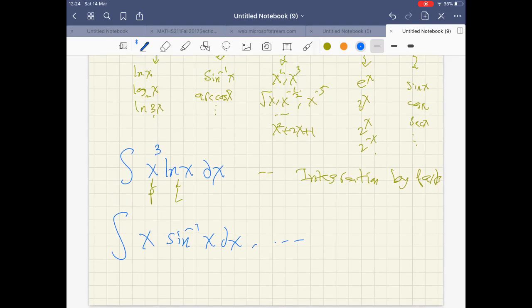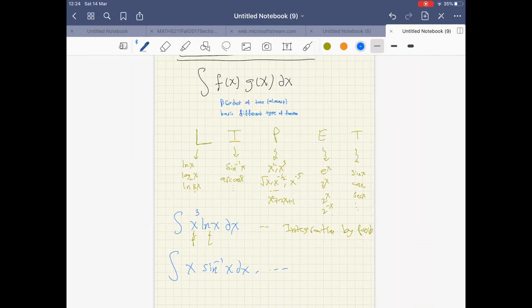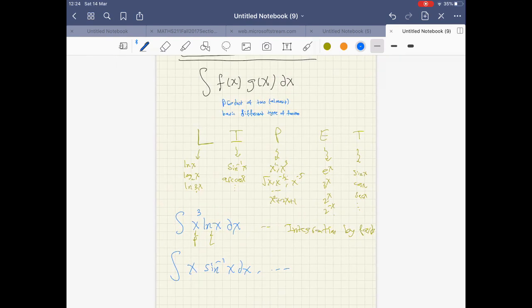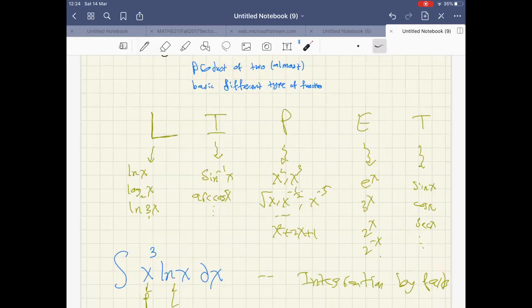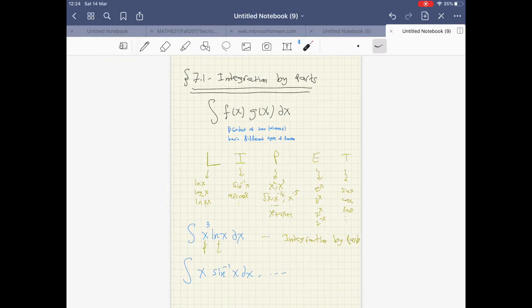And for integration by parts, what we will do is one of these functions I will call u, and the other part I will call dv. So part is u, this is why we call it integration by parts, the other part is dv. And the formula for that is the following. Let me erase this to have a space here.